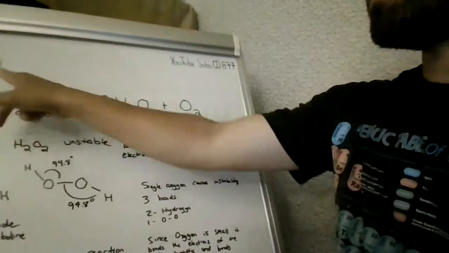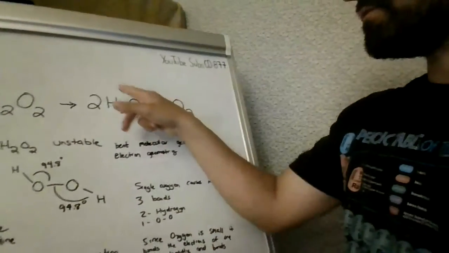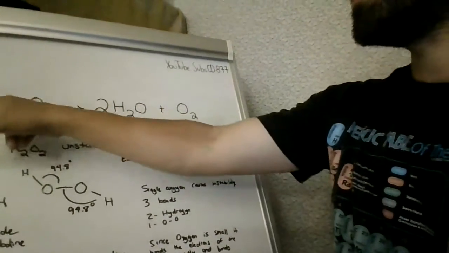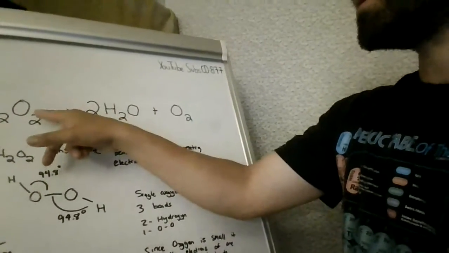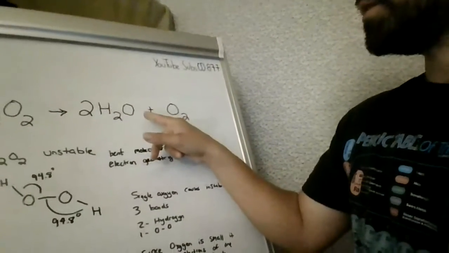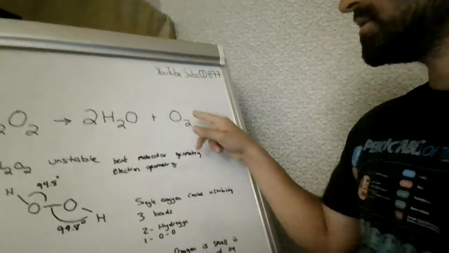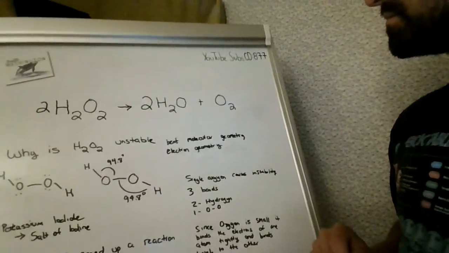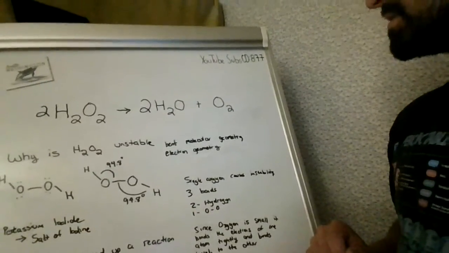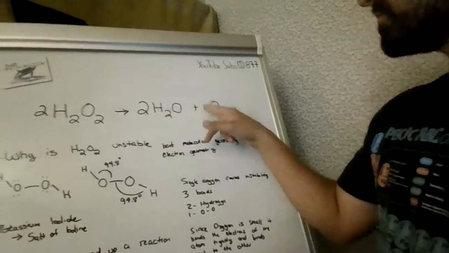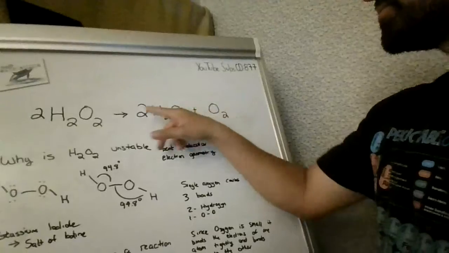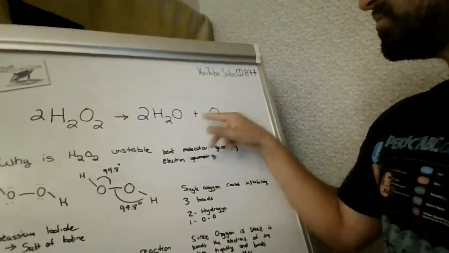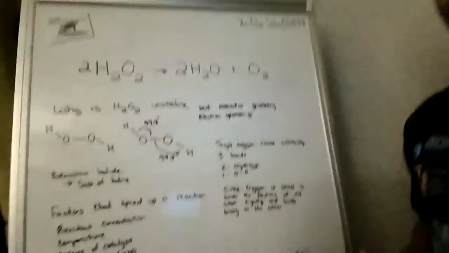This is going to give us a total of 4 hydrogen atoms on each side. On the left, 2 times 2 is 4 oxygen atoms. On the right, 2 times 1 is 2 oxygen atoms from the water, plus 2 from the oxygen gas, is 4. There we go. Sorry about that.